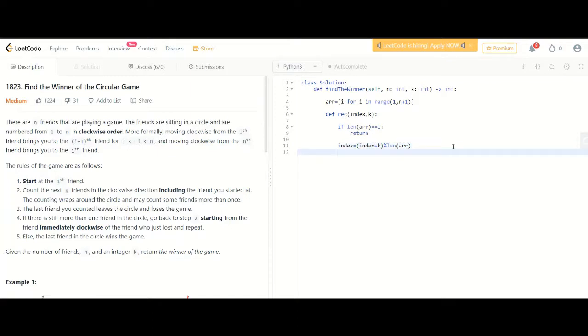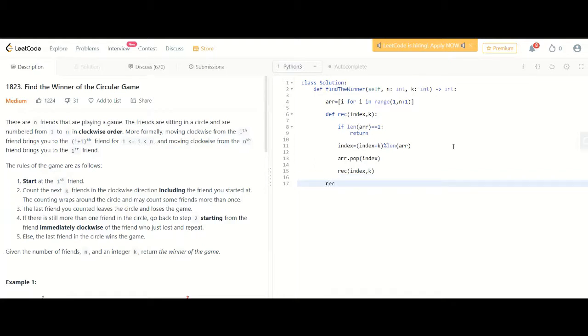Now we need to remove the element that is present at this index. So we removed it, and then we again called the recursive function. So this will guarantee us the answer.